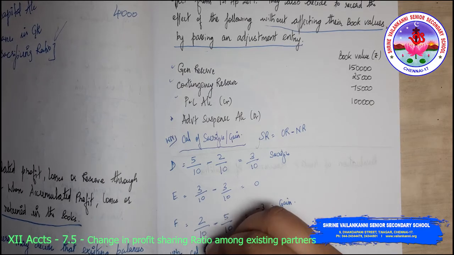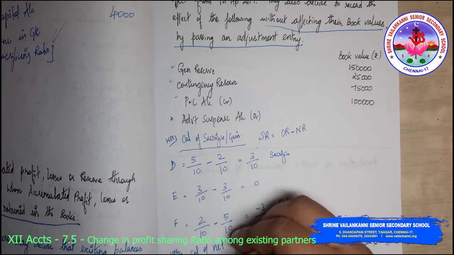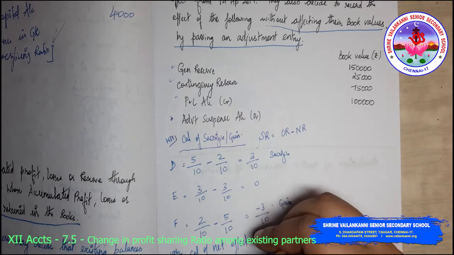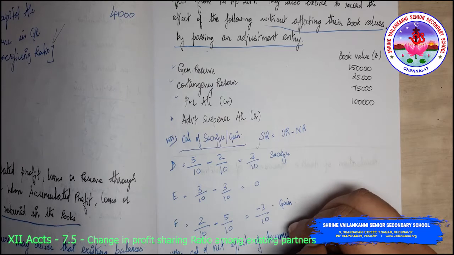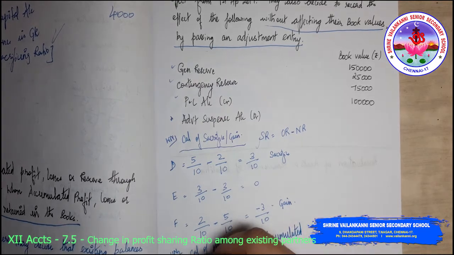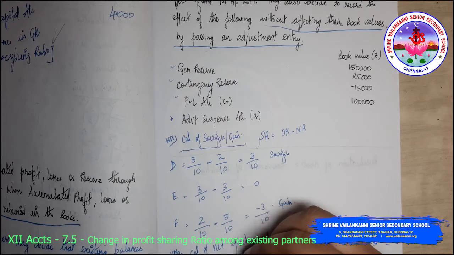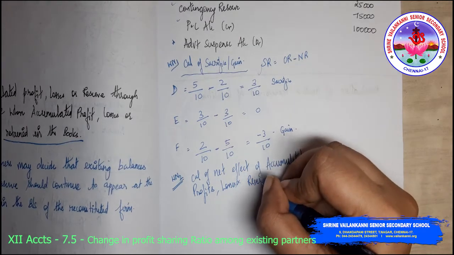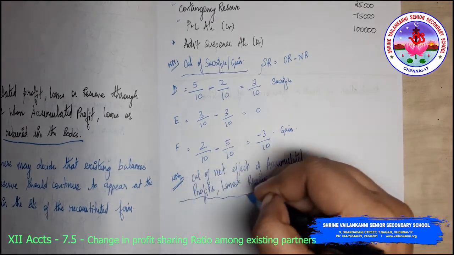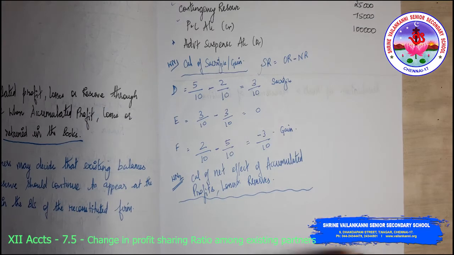Calculation of net effect of accumulated profits or losses and reserves. I hope you can see here, reserves. Okay, so calculation of accumulated effect of accumulated profit and loss and reserves.